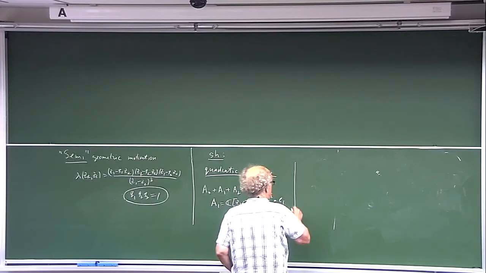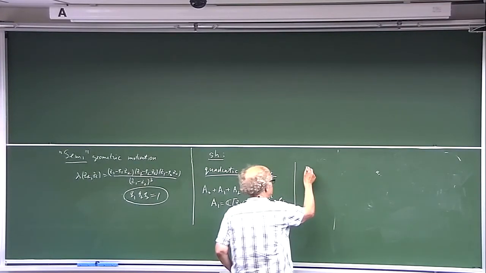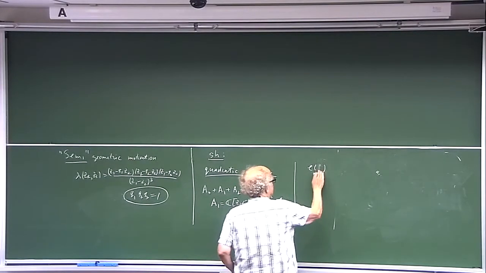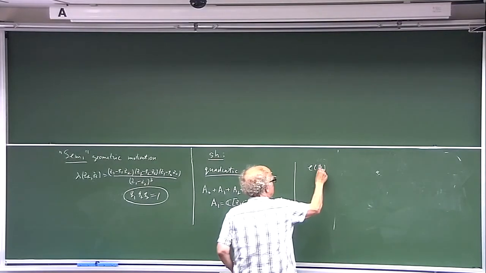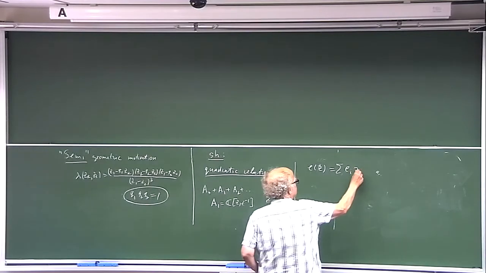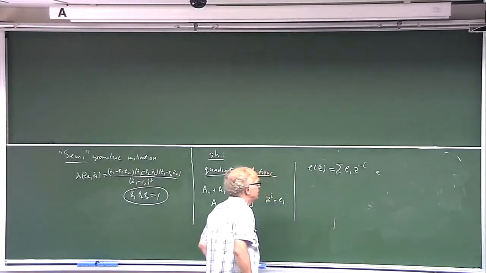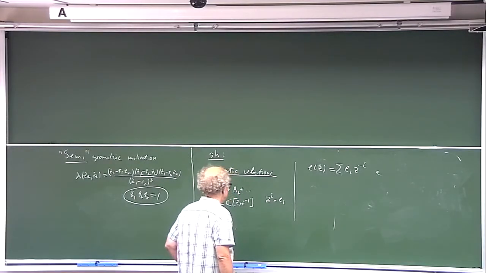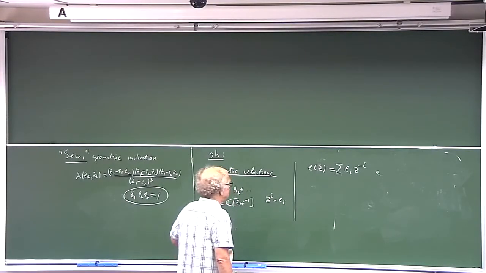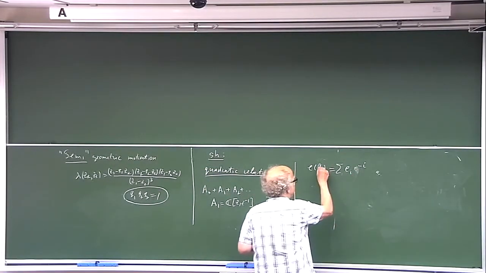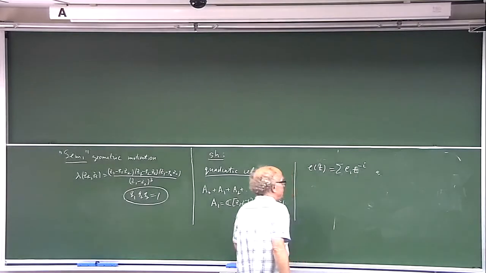Let me use some notation: E(z) is the sum of E_i z^(-i). It is just a generating series, and to avoid confusion, let us put T's.